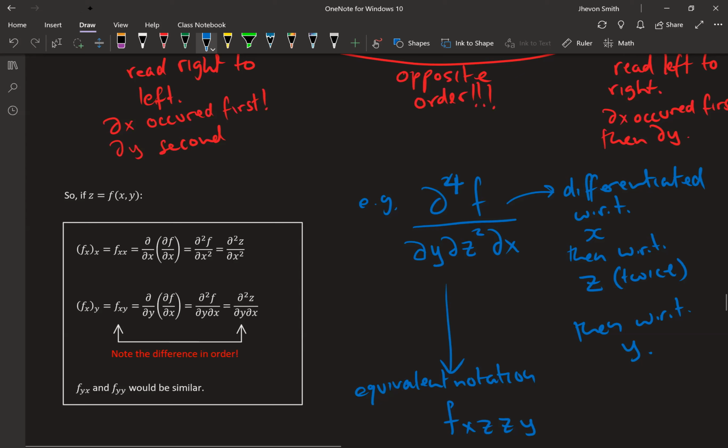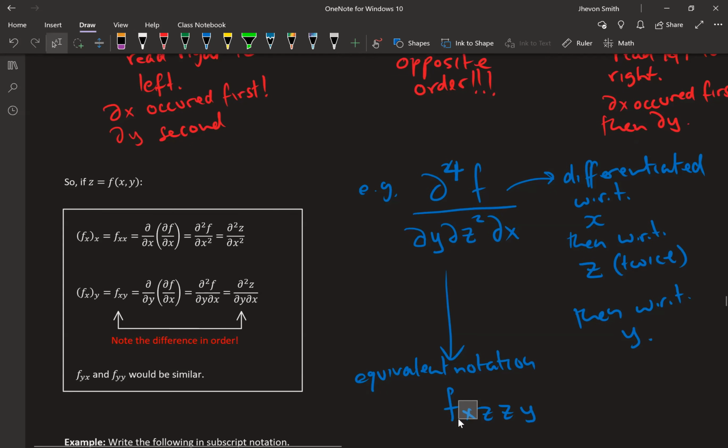So there's a little quirkiness with the notation, because the different notations are applied on different sides of the function. In the subscript notation, the ones on the left occur first, whereas in the Leibniz notation, the ones on the right occur first.